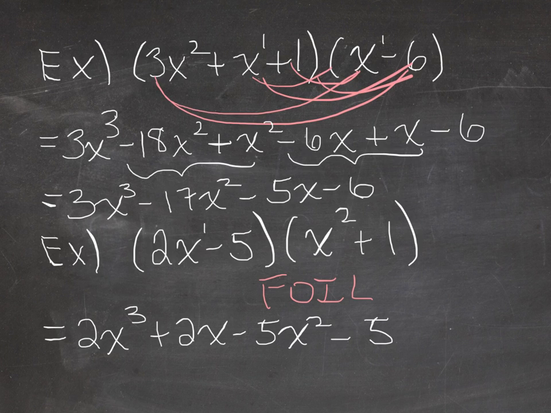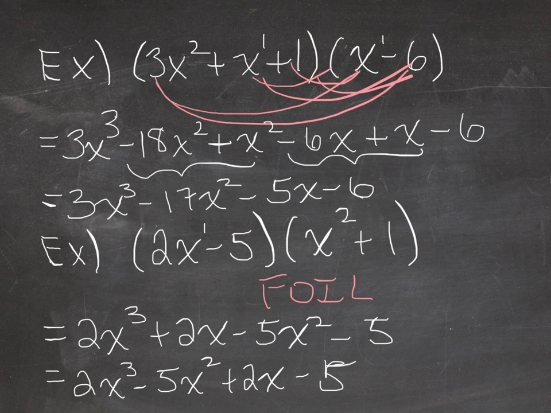Okay, I have no like terms in this, so I can't bring anything together. However, I'm going to reorder it so that I have my terms in descending order of power. So I have 2x cubed minus 5x squared plus 2x minus 5.